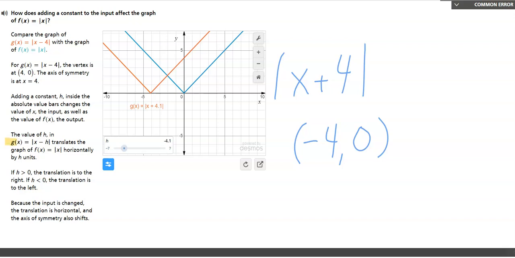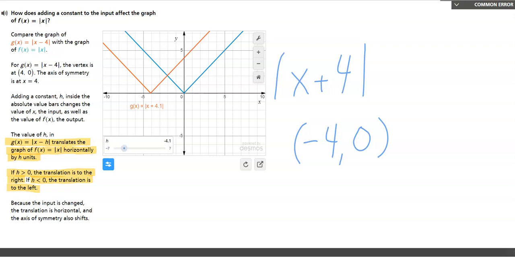So let's look at what they're saying here. The value of x minus h translates this original graph, or this parent function, horizontally by h units. So this is the part that's confusing. If h is greater than 0, the translation is to the right. If h is less than 0, the translation is to the left.